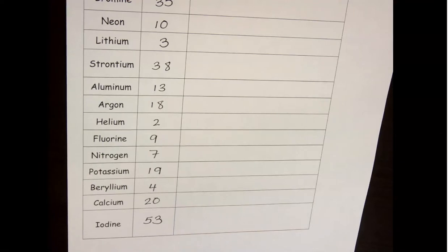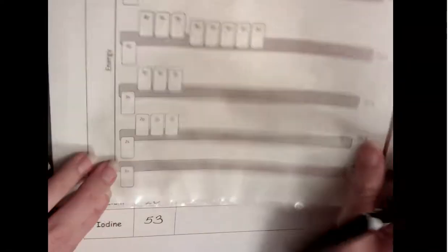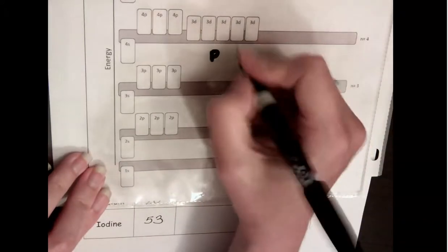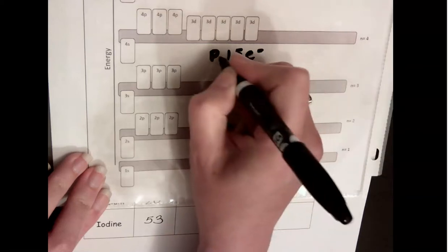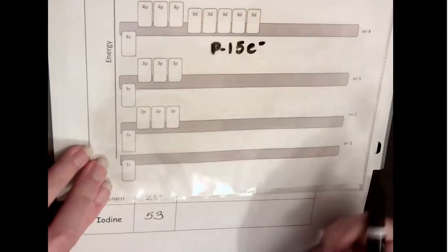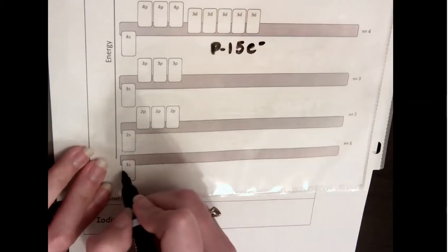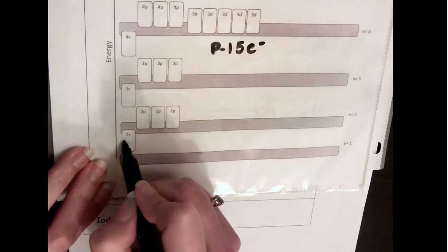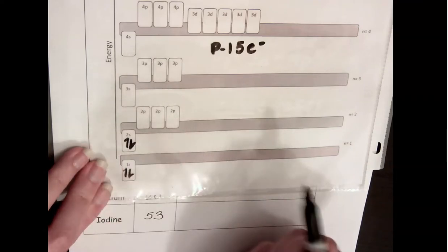So now I'm going to switch to my orbital diagram and my whiteboard marker. We're going to do phosphorus first. Phosphorus has 15 electrons. I'm going to start at the bottom. 1, 2, 3, 4.